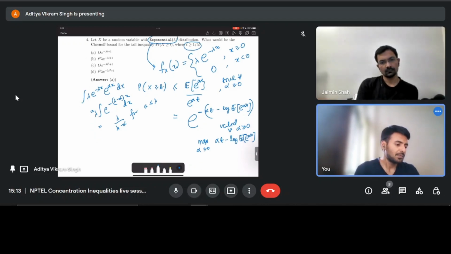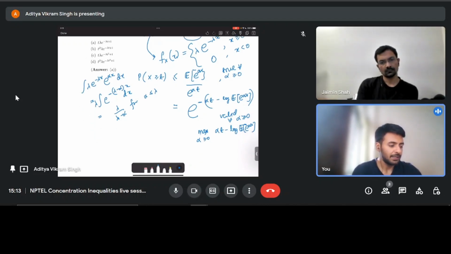For this X, the expectation of X is 1 by lambda. Suppose you are maximizing over alpha greater than or equal to 0, with that constraint, alpha t minus the log of the expected value of e power alpha X.